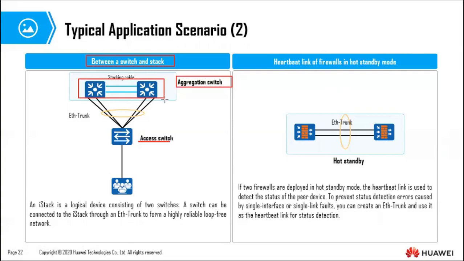So when we do that, then we need to bundle up all these interfaces here into a single Ethernet trunk, because now, logically, it's like they're connecting to a single switch. Is that clear? So between a switch and a stack.